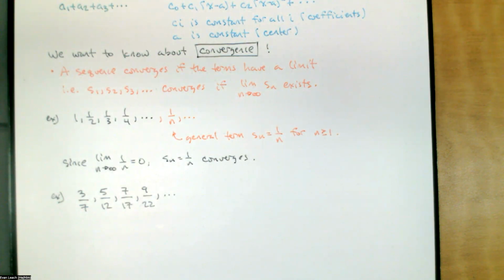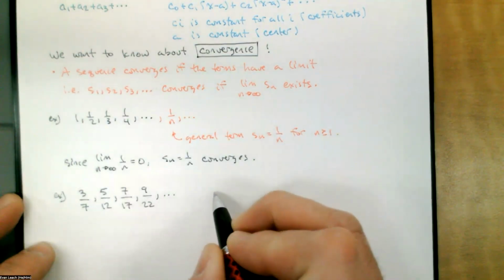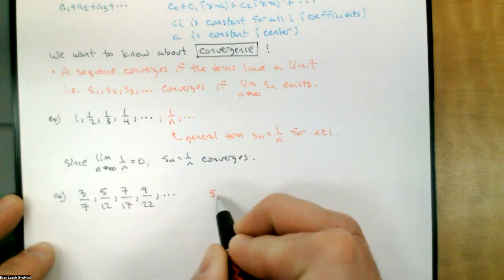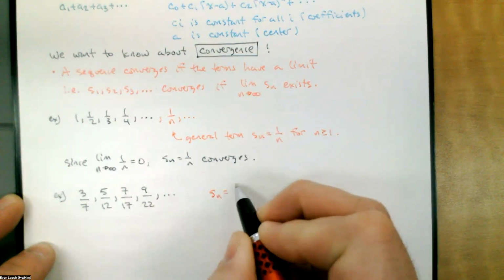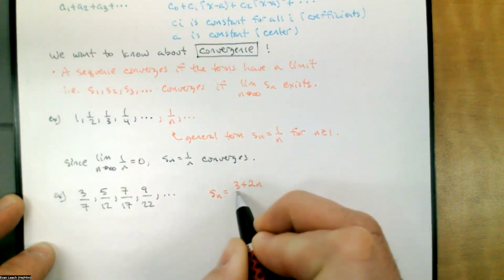So when we're looking at this, we have the numerator of 3, 5, 7, 9, so we have odd numerators over 7, 12, 17, 22. The denominator is increasing by 5. So we want the general term of this sequence. We start off at 3 and add 2 every term.